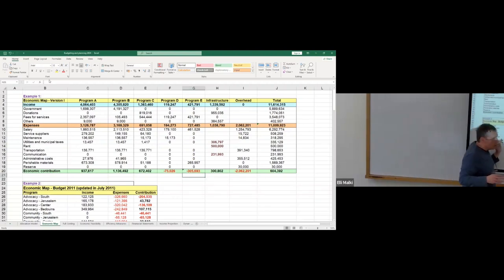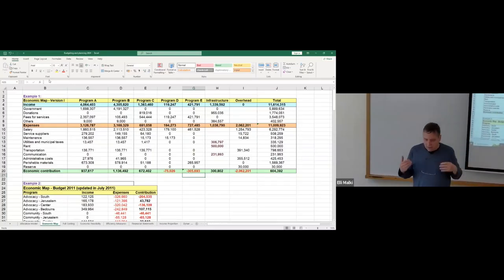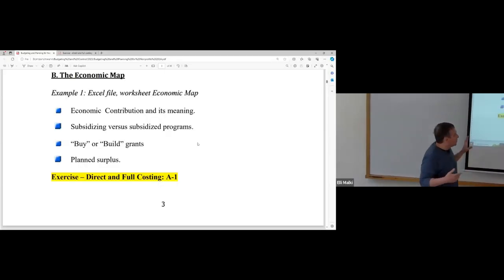As you can see, the economic contribution is an extremely important piece of information that we need in our organization. So let's go over the major points that we can see in an economic map. The first is the economic contribution and its meaning, and this is extremely important for go, no-go decisions and for prioritization.